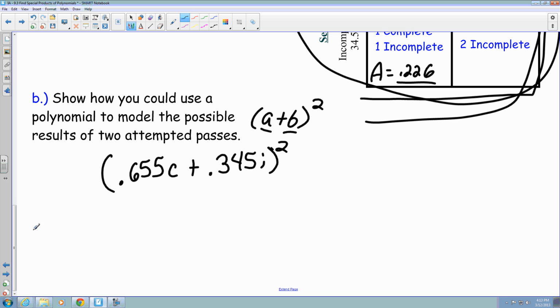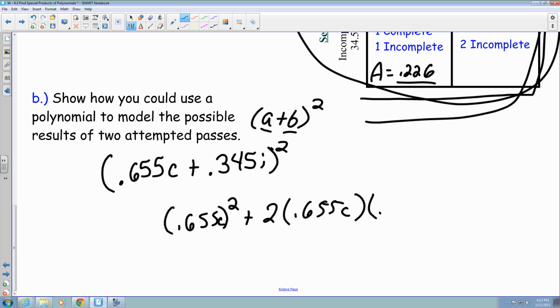So I can use the formula: 0.655C quantity squared plus 2 times a, which is 0.655C. There's a C here, I apologize. Times 0.345I plus 0.345I quantity squared.